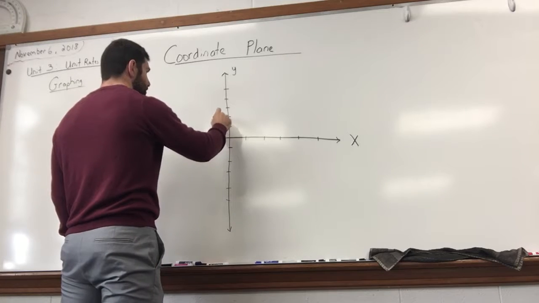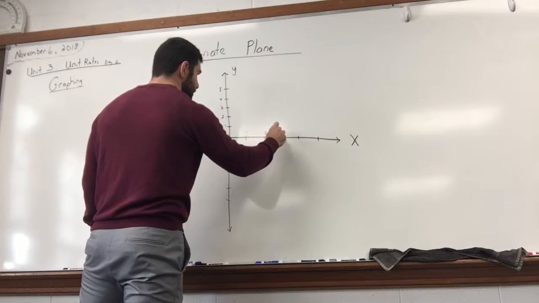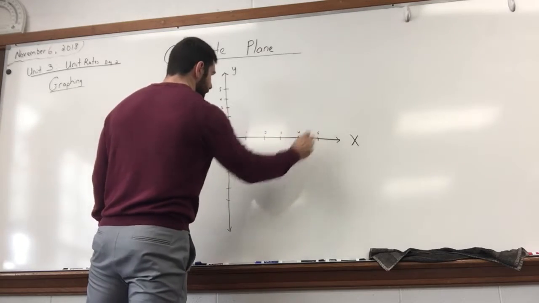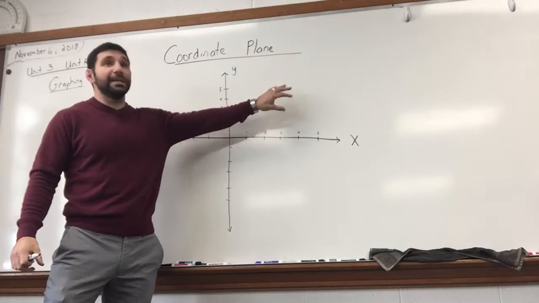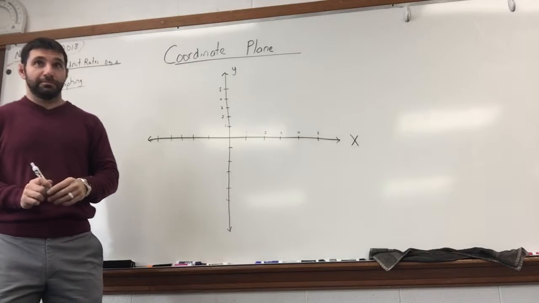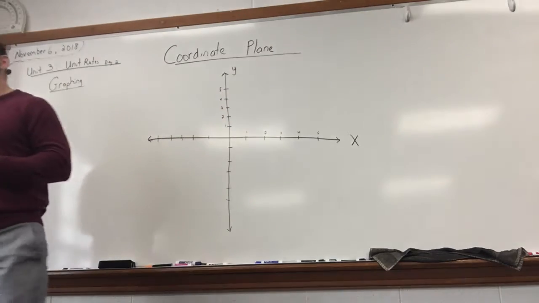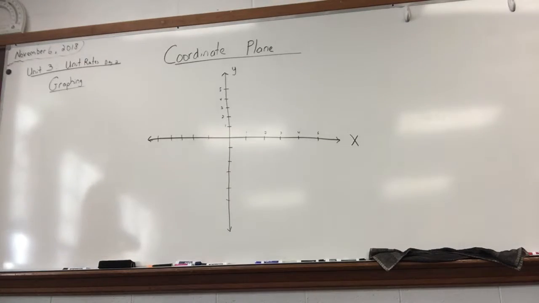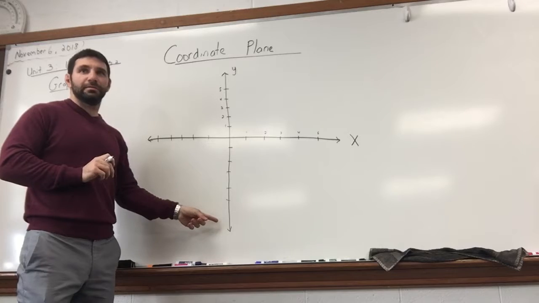This is 1, 2, 3, 4, 5. 1, 2, 3, 4, 5. We will mostly be staying in the positive realm of the coordinate plane. Not that you need to know it, but this positive realm is called quadrant 1. What would these numbers down here be?